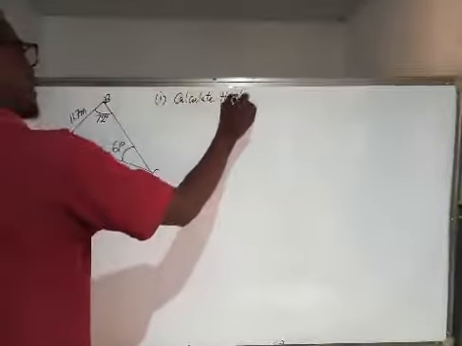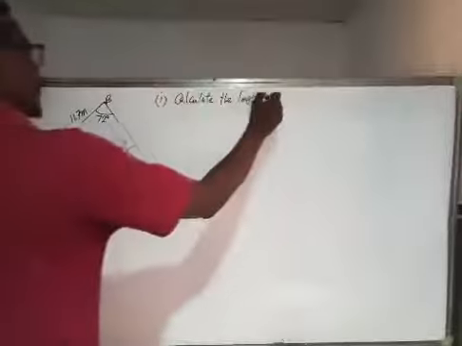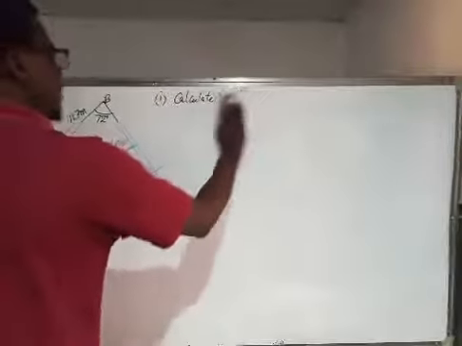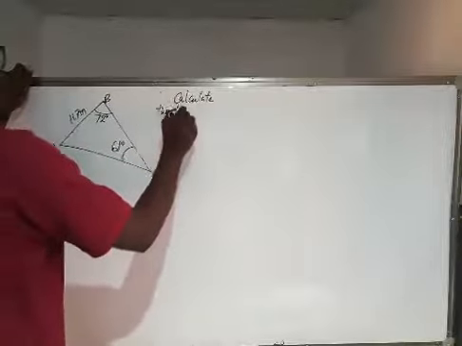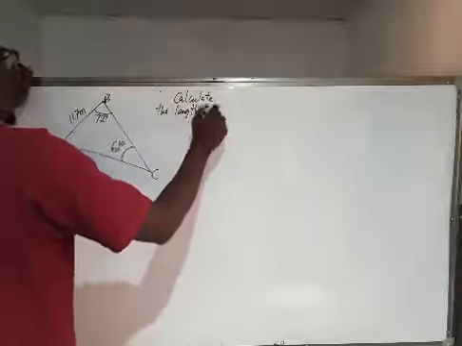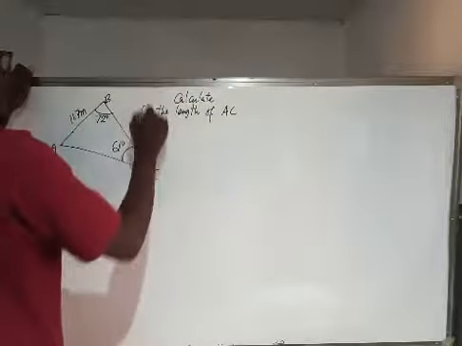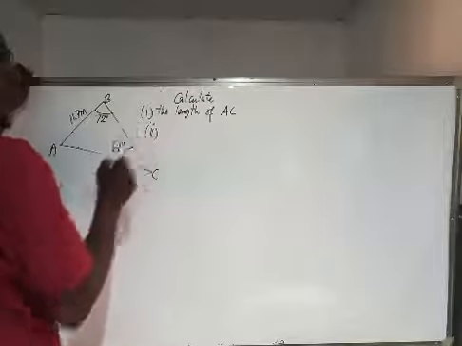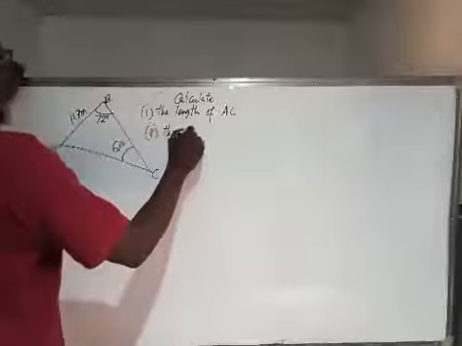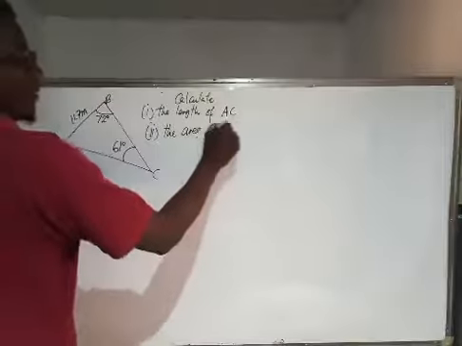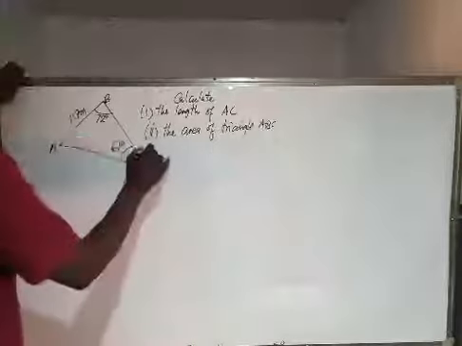Okay? So here I'll say with this type of triangle, question 1, calculate the length of AC. Part 2, calculate the area of triangle ABC.